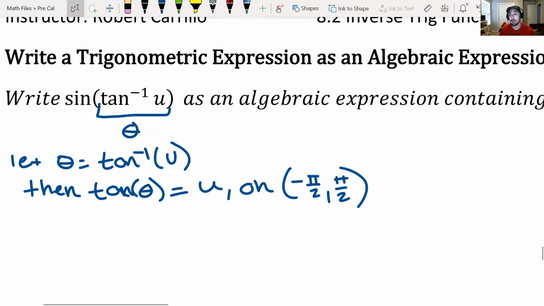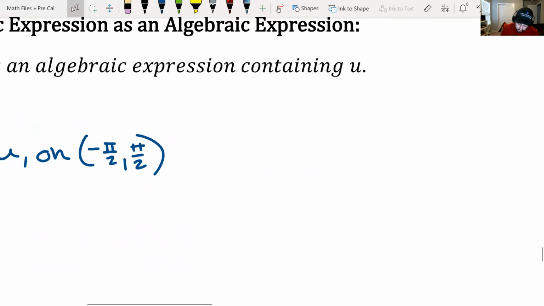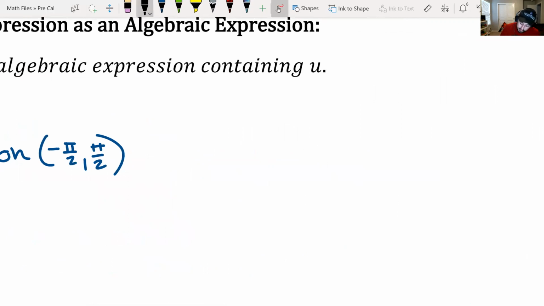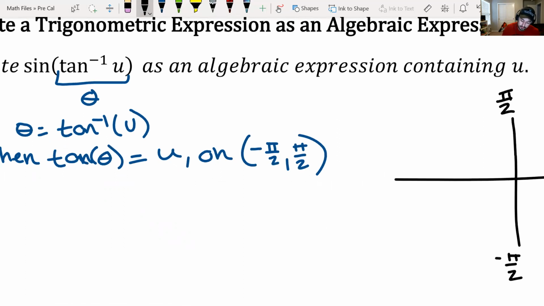Okay, and like I said, we're handling this like we did everything on the first page. Then I will draw my unit circle for the inverse tangent, -pi/2 to pi/2. And the value for tangent is a positive u, which means we must be in quadrant 1 on the inverse tangent restrictions.